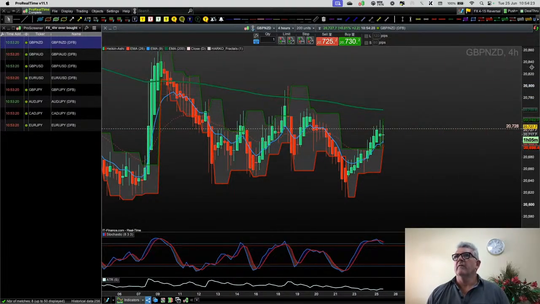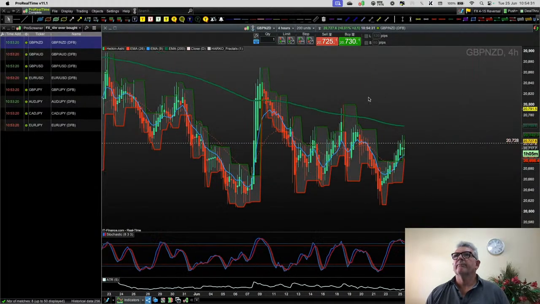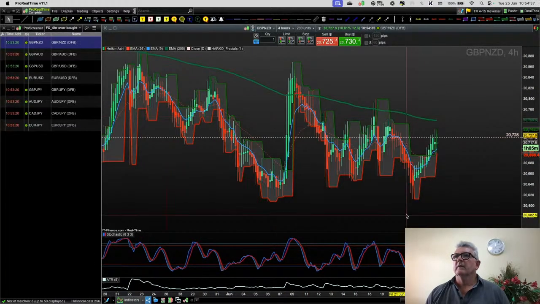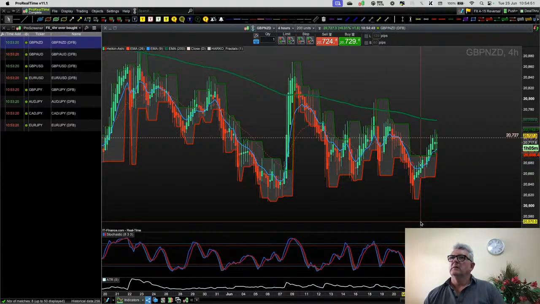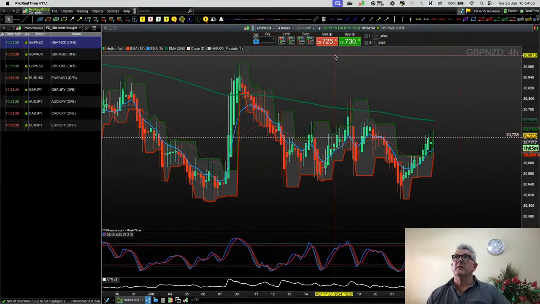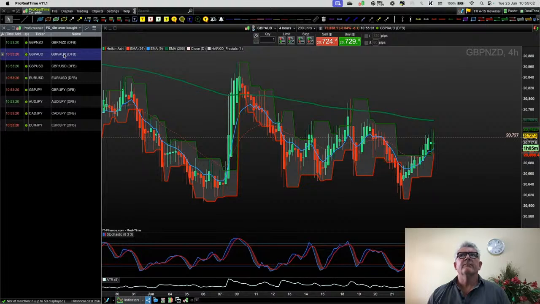We've got a series of lower highs, higher lows that have now converted to lower lows. Nothing really to write home about. We don't normally trade this. We don't like things that have got over 3 pips spread, and this has got a 5 pip spread at the moment. But you know, that's negative.